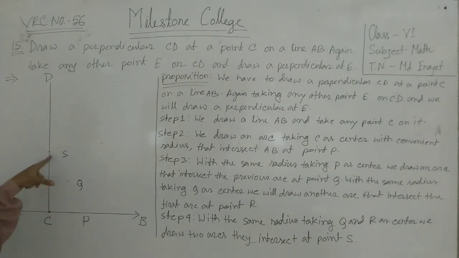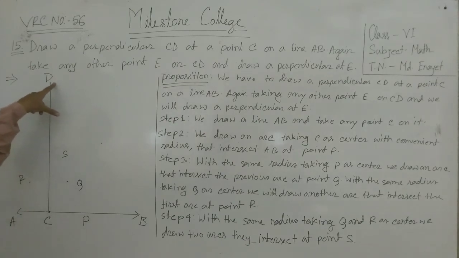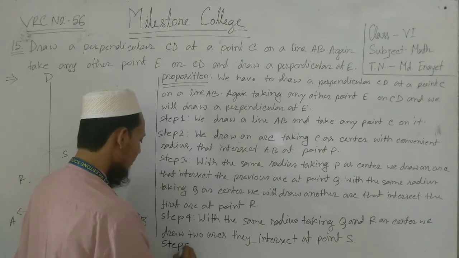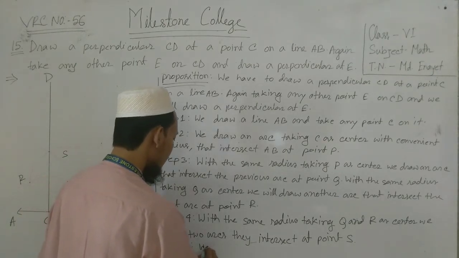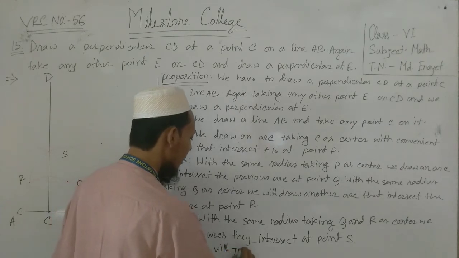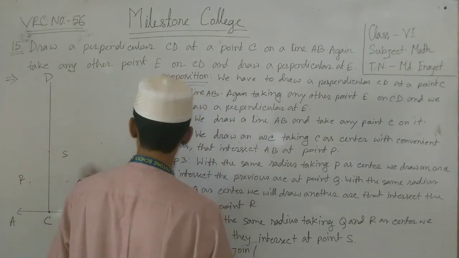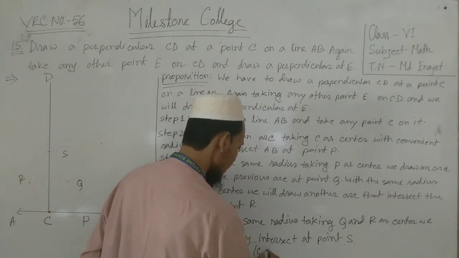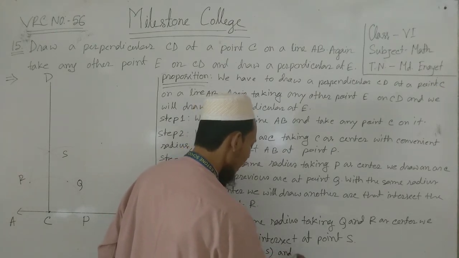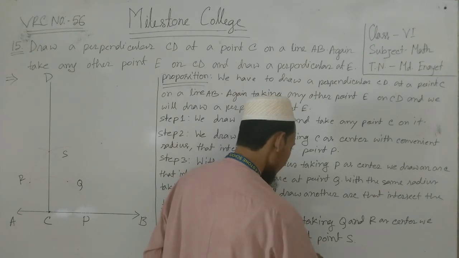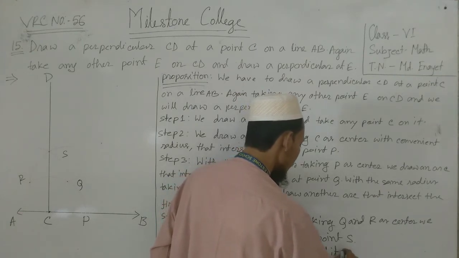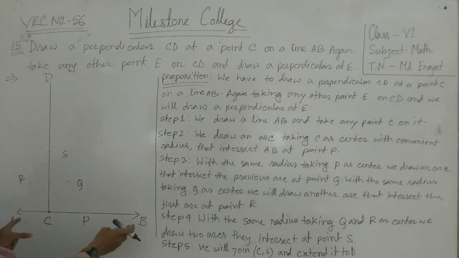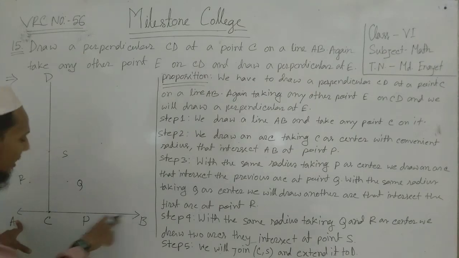We will join the point C, S and extend it till D. So, step 5, we will join C, S and extend it to D. So, my dear students, this CD is the perpendicular on AB at point C.